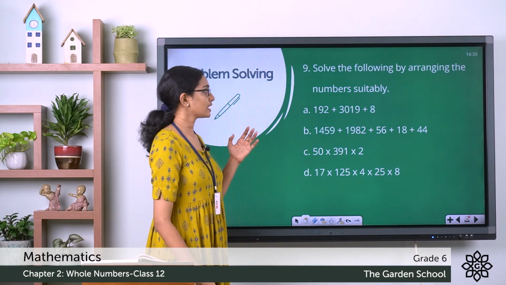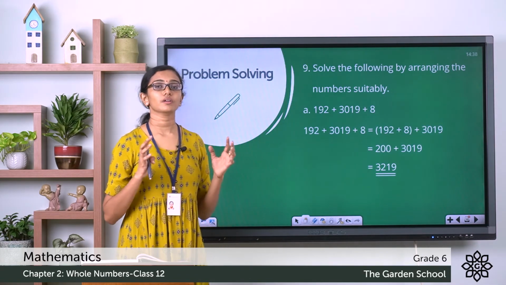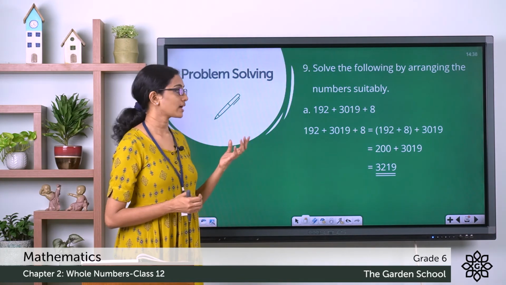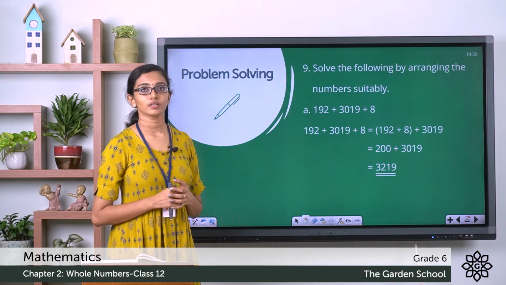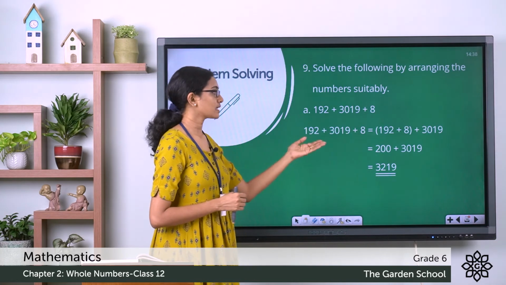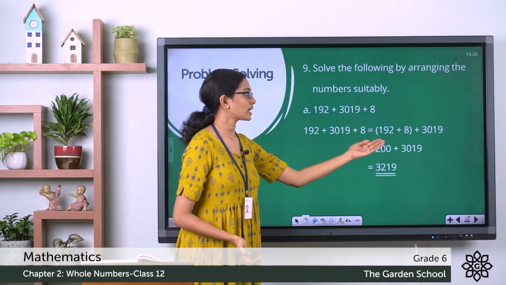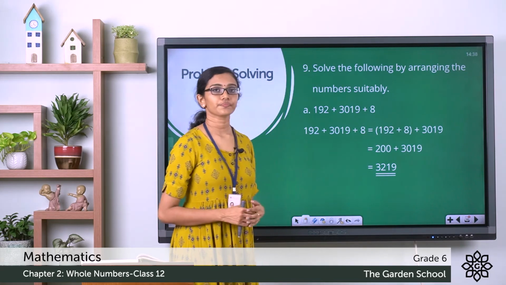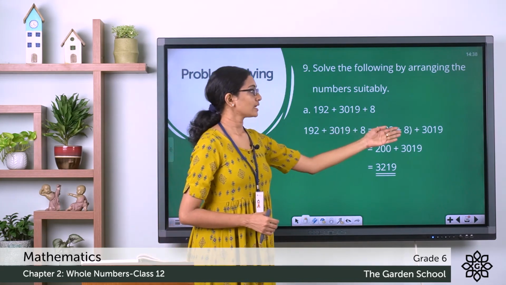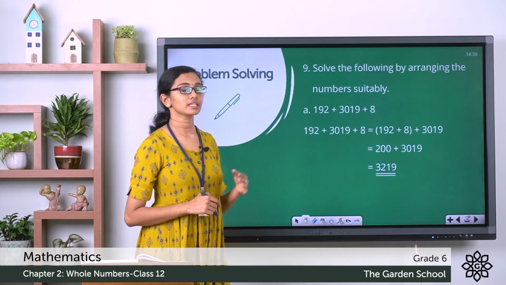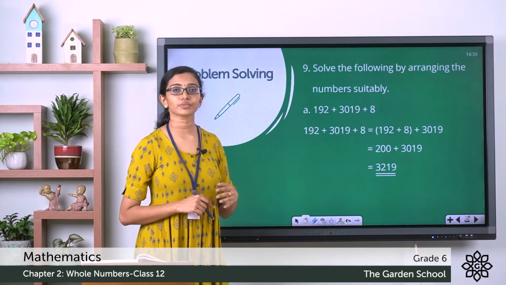Let's see how we can rearrange these numbers or group these numbers to find the sum easily. So here I have rearranged the numbers so that there is an association or grouping between 192 and 8. And the sum of that gets added to the remaining number. What is it? 3019.